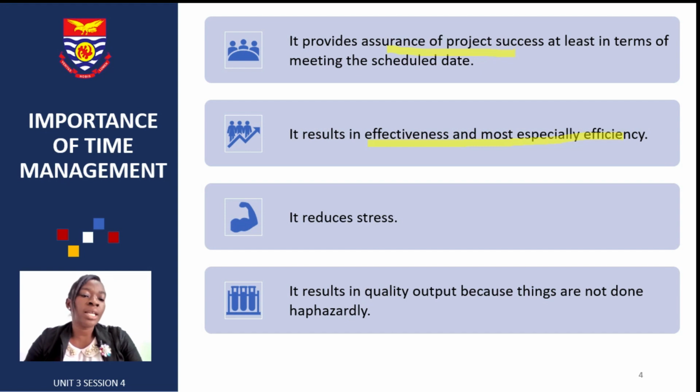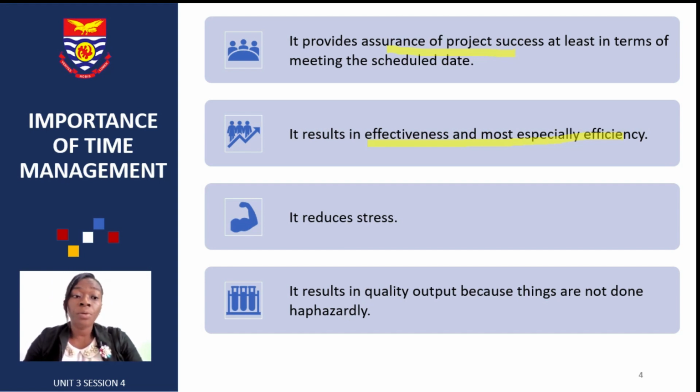Efficiency is looking at your input as against your output. Maybe because there were some delays or some assumptions you didn't put in place, when the deadline was getting close, you had to put in more people and more money to be able to meet that deadline. Yes, you've met that deadline, but you've not been efficient because you've incurred more than what you've gotten out of it.